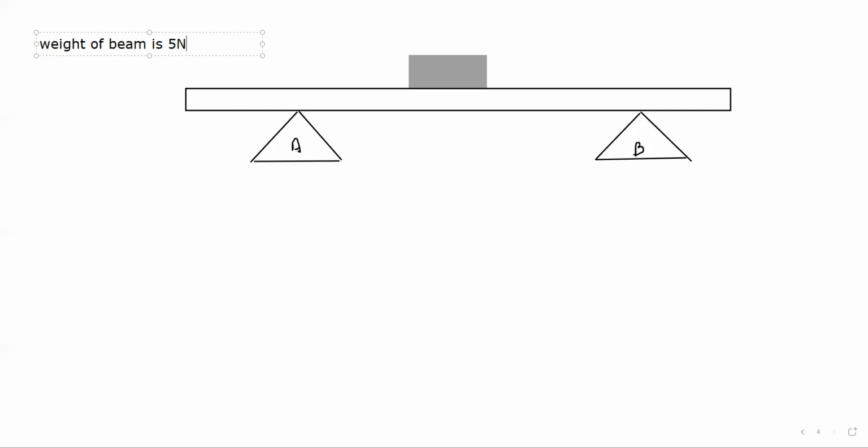So the weight of the uniform beam is 5 Newton, and the object is also placed. If it's a uniform beam, the weight should act at the center. So this 5 Newton is acting at the center.